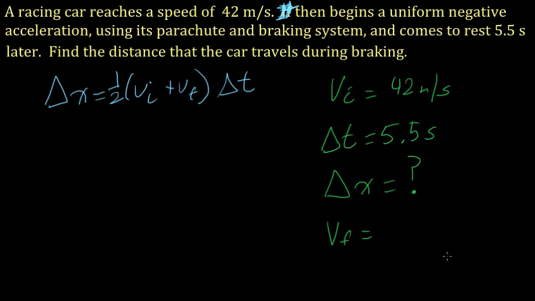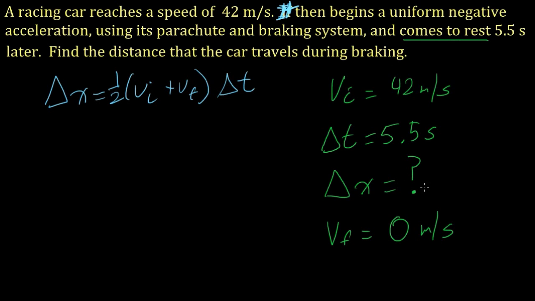Well, what happened in this situation? It says it begins a negative uniform acceleration using its parachute and braking system and comes to rest. Comes to rest. What does that mean? That means it stops. How fast are you moving when you have stopped? 0 meters per second.